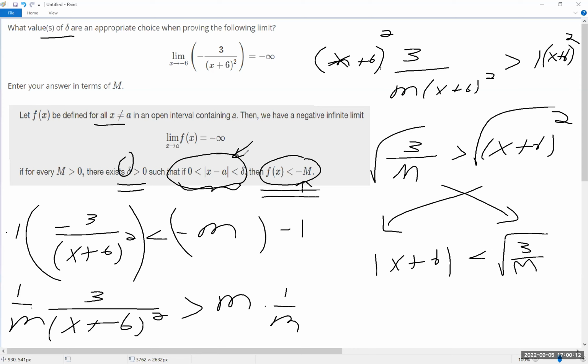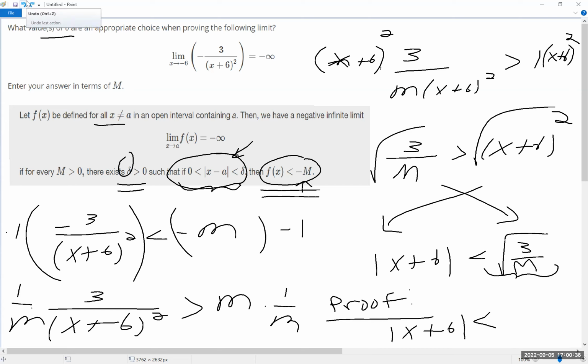So the proof, and we're not going to necessarily finish it, would start with this relationship here, where we've chosen this to be our delta, which is the square root of 3 over m.